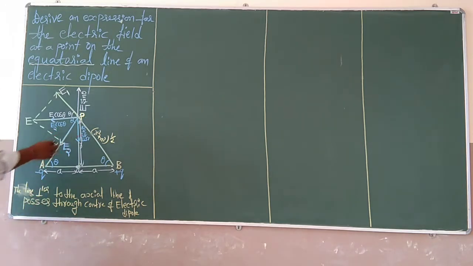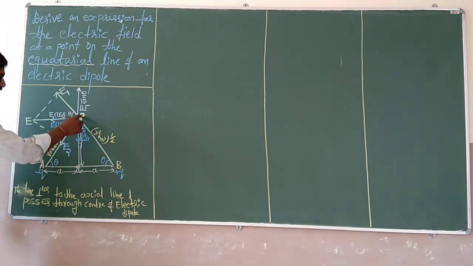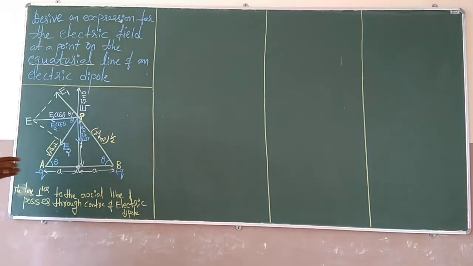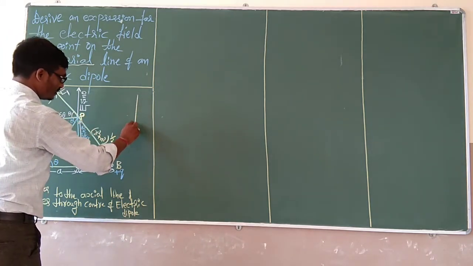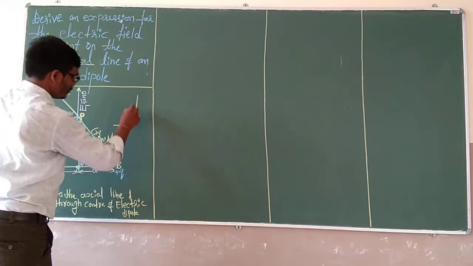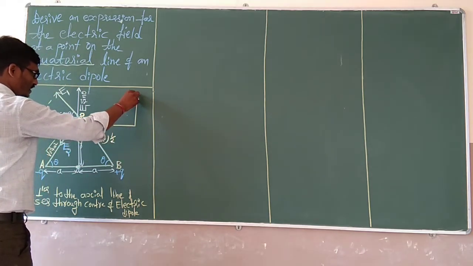You can choose the triangle APO or BPO, whichever. If you choose this triangle, it is a right angle triangle.